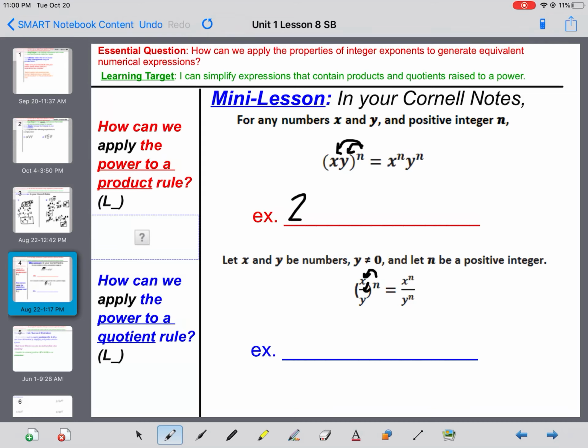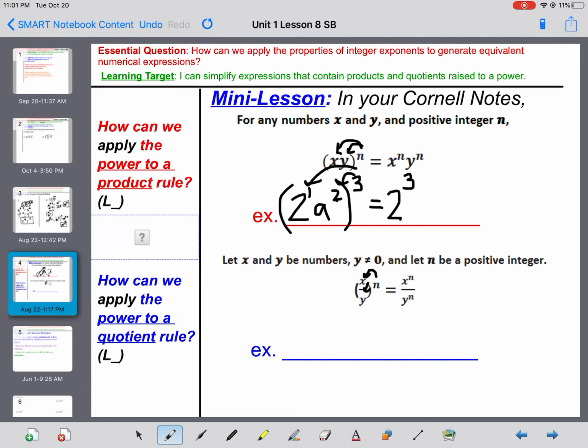For example, for the first one, let's say we had 2a raised to the 2nd power in parentheses, and then outside the parentheses it was raised to the 3rd power. The 3 would go with the 2, and the 3 would also go with the a raised to the 2nd power.